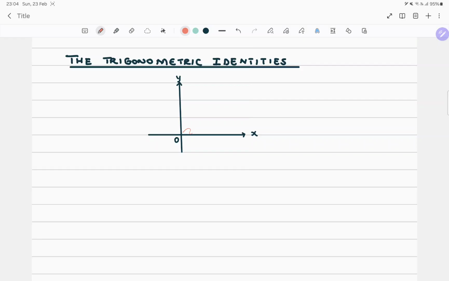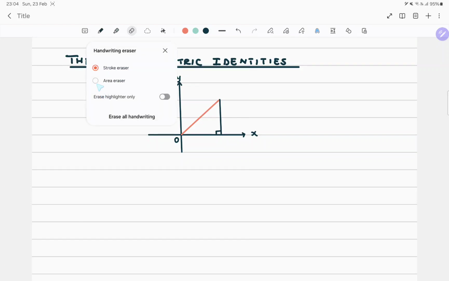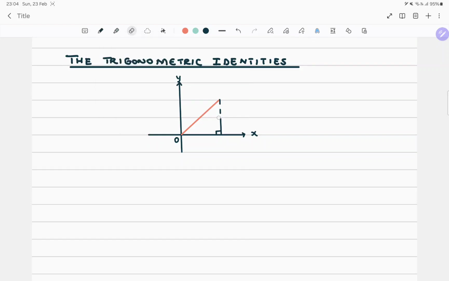So if we have a terminal arm, at this point we're not interested in its size, so we can just drop a vertical line down. Okay, so obviously what was drawn is a mere construction. So we've got this terminal arm, right?